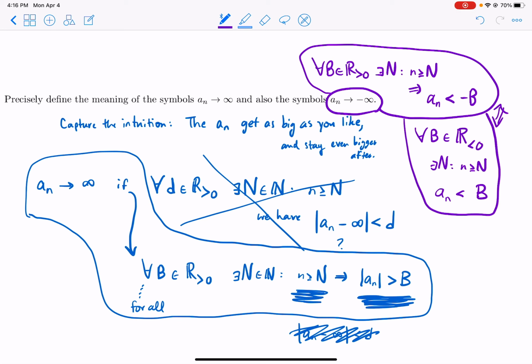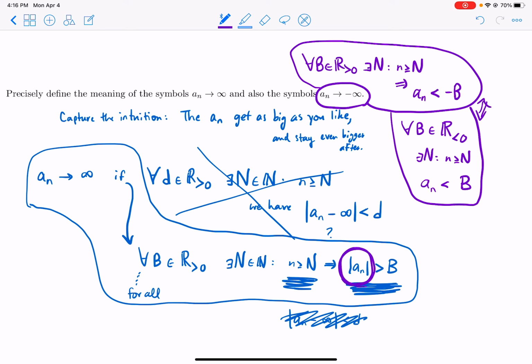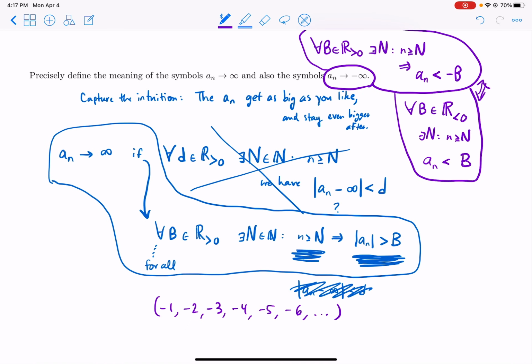Oh, and then I'm actually realizing here that I made a mistake. The mistake I made is I put absolute value there. So if I chose, what about this sequence? Minus 1, minus 2, minus 3, minus 4, minus 5, minus 6, forever. You see that this sequence, if a sub n is equal to minus n, would fulfill this definition, because when I put it into the absolute value sign, the minus would become a plus, and I could make this for any big number.